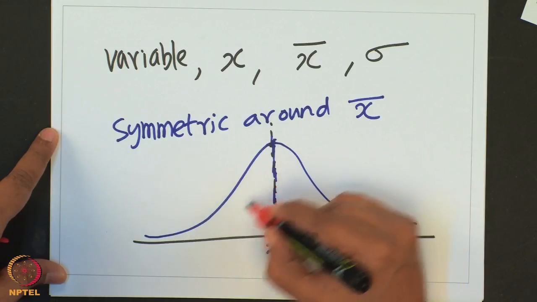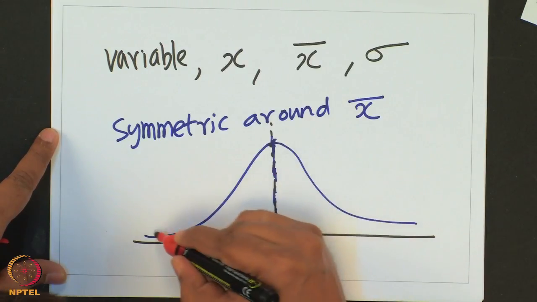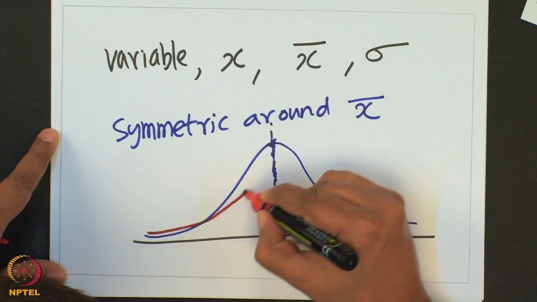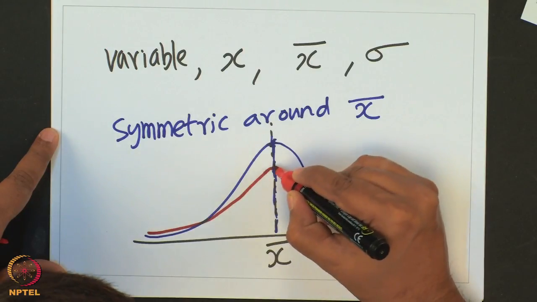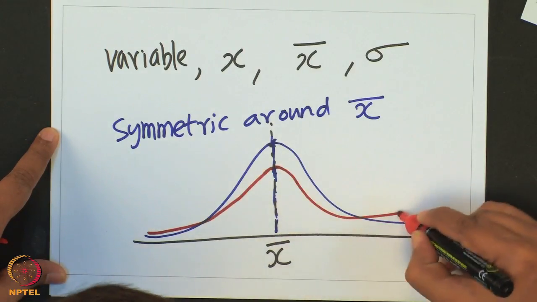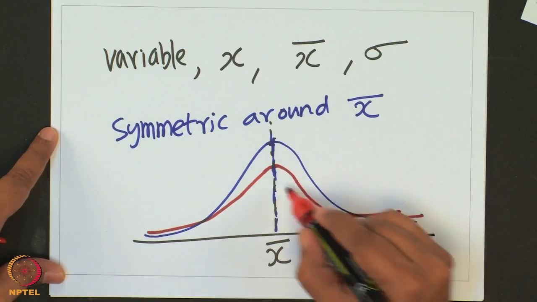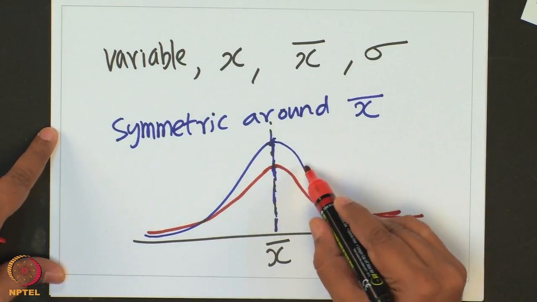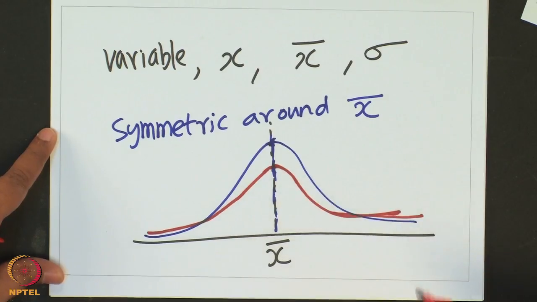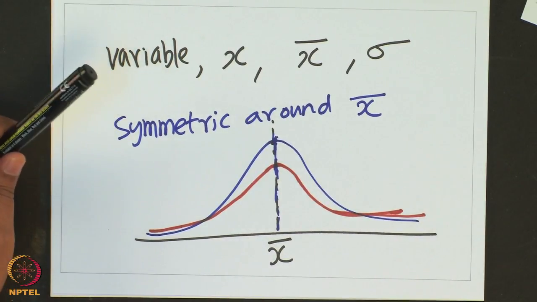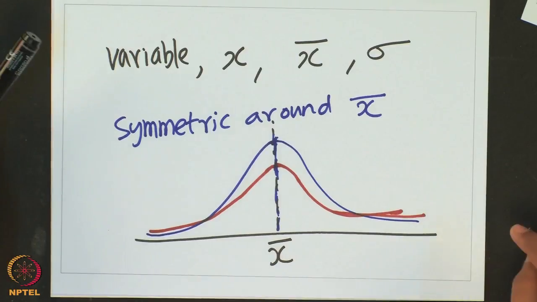Let us say I could draw something like this. This is also symmetric around this, but this is different from this. The blue curve is different from the red curve. I could draw many curves which are symmetric around x bar.